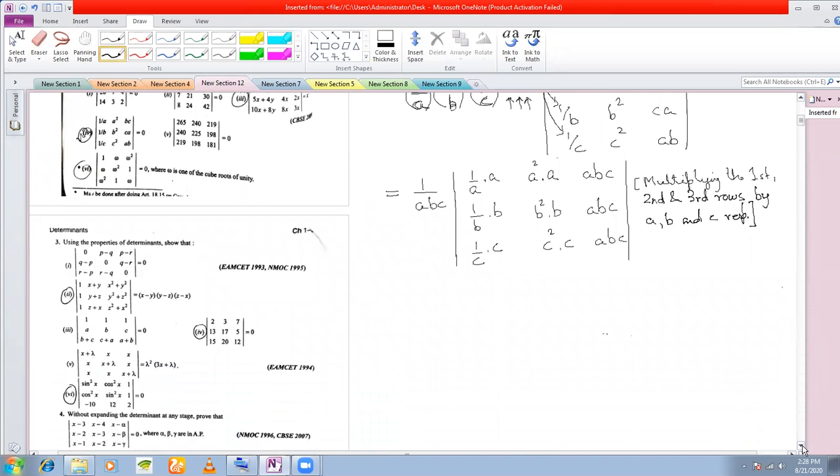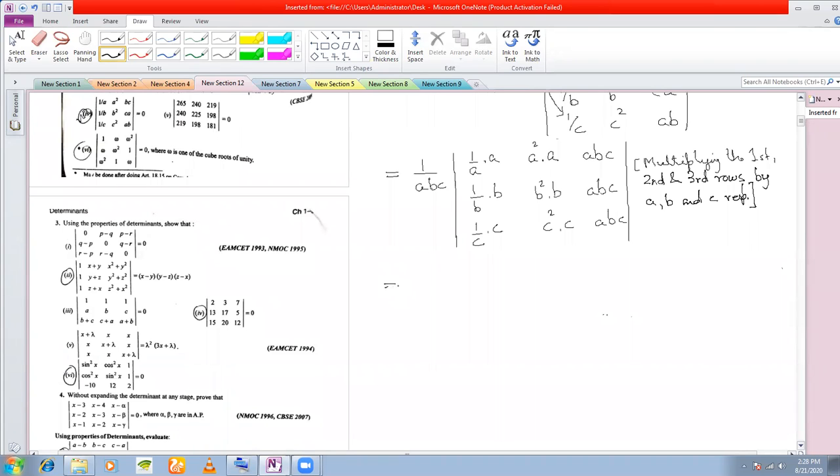Now what happens? From the third column, can I take out ABC? So from the third column, I take out ABC. What do I get? In the first column, this A cancels, you simply get 1. Here it cancels, you get 1.